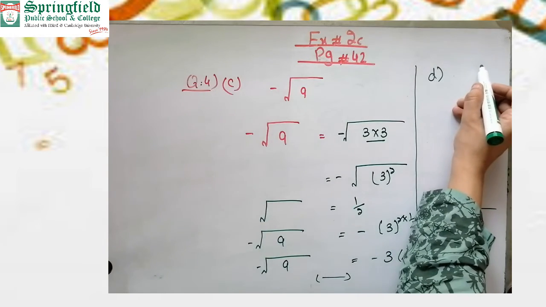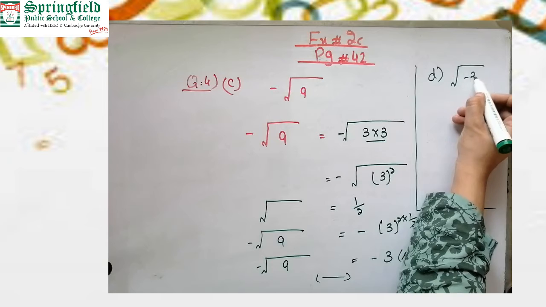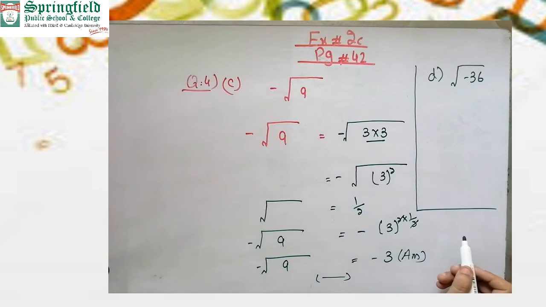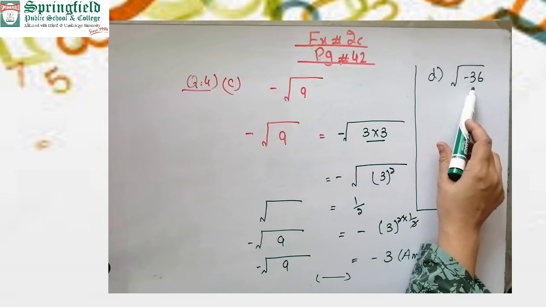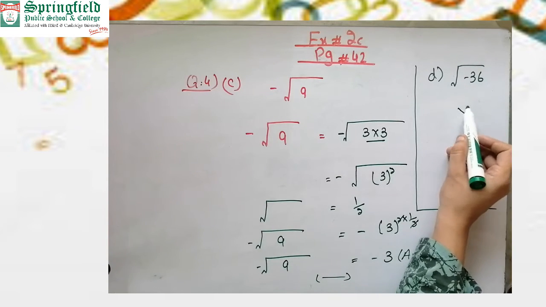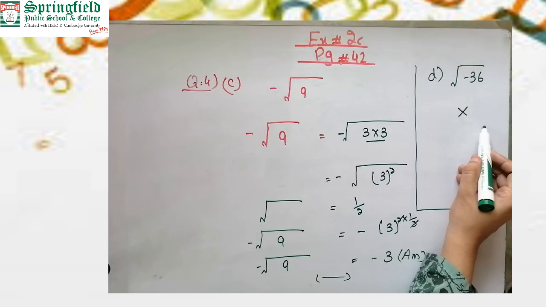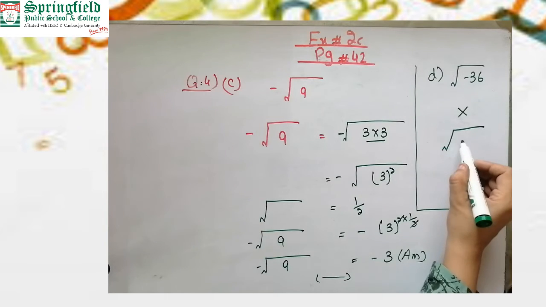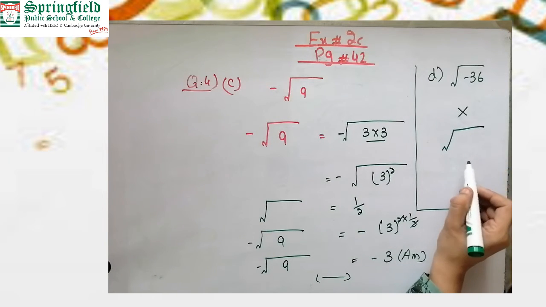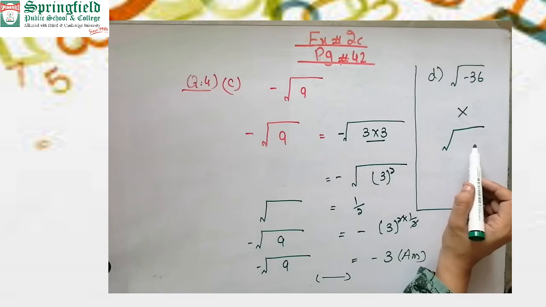D part. They are saying that find out the square root of minus 36. So is it possible that we can find the square root of minus 36? No. If any number has a negative sign inside the square root, we can't find the square root of that number.